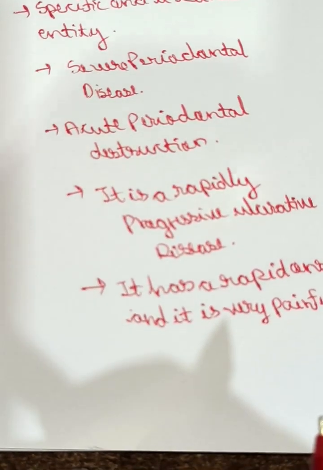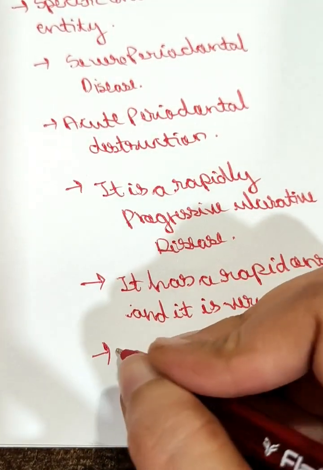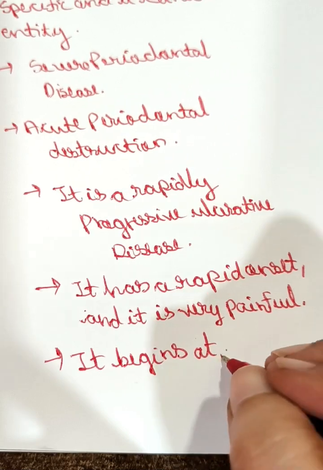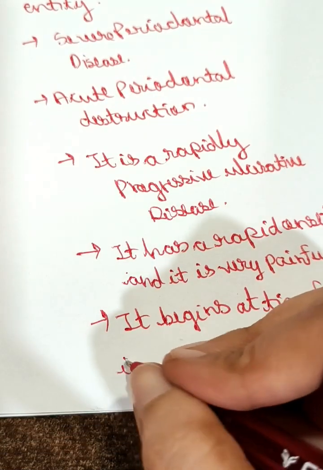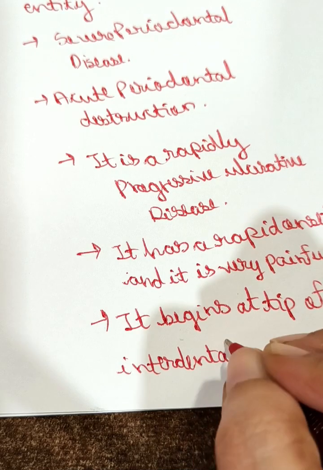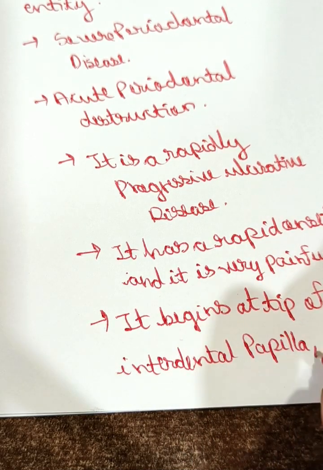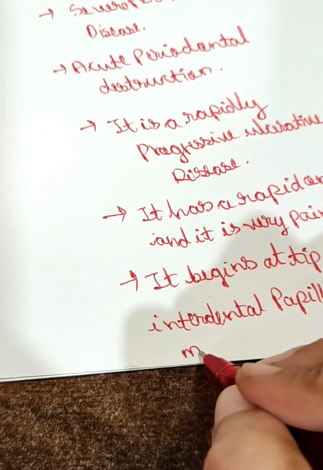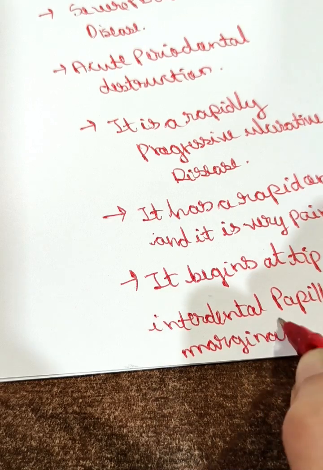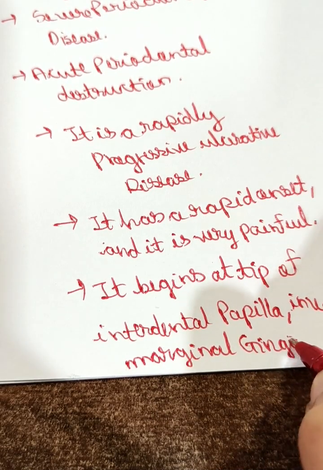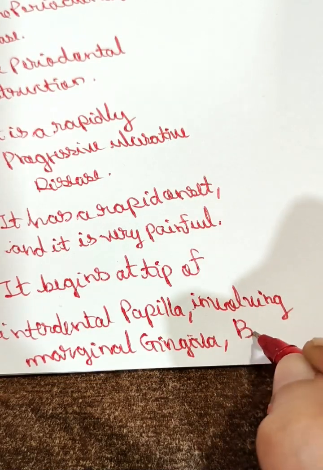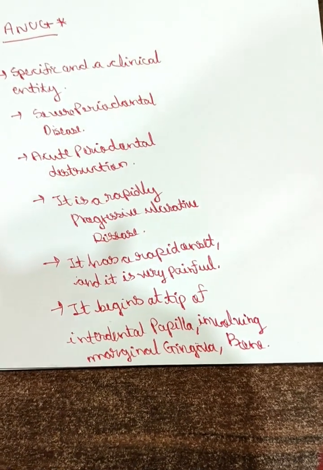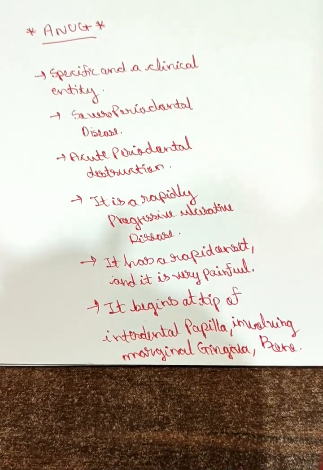So I would just add a point over here: it begins at the tip of the interdental papilla, involving the marginal gingiva and the bone. You can take a picture of it.